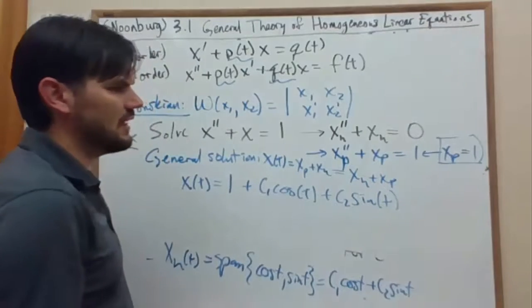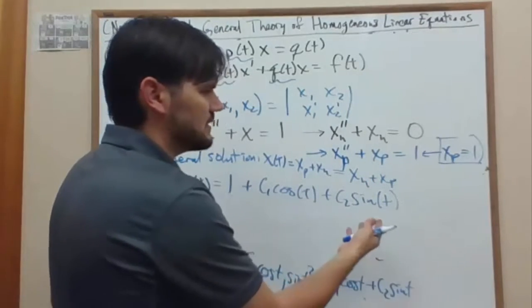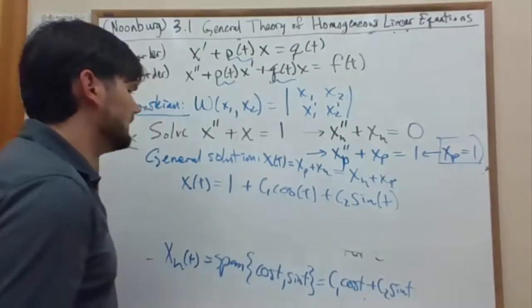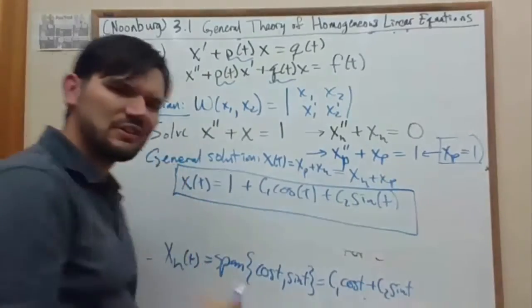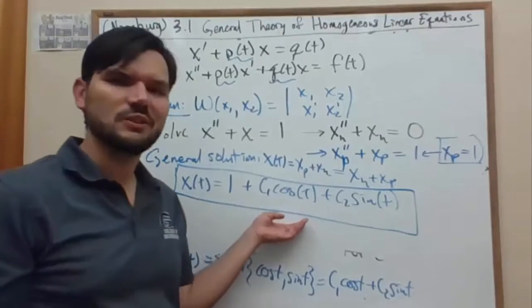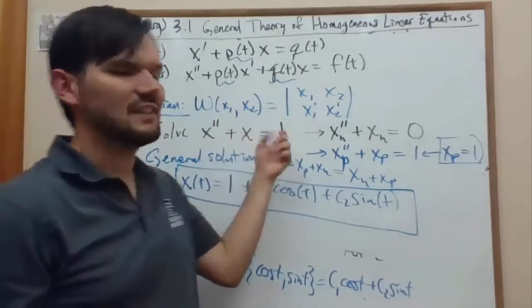The reason we would do that is sometimes we'll want to have that constant as far away from the constants as possible, the 1, and then we can just subtract it off the other side. But that is our general solution. This describes all possible solutions to the differential equation x double prime plus x equals 1.